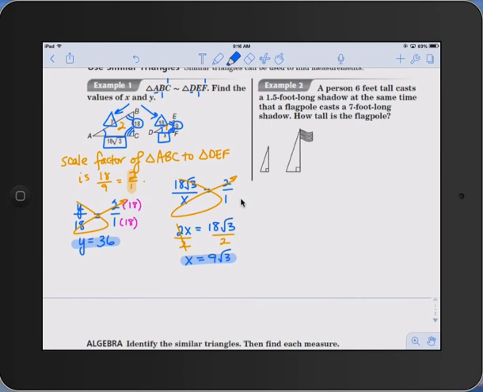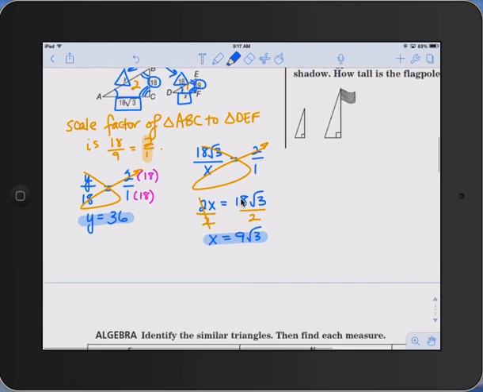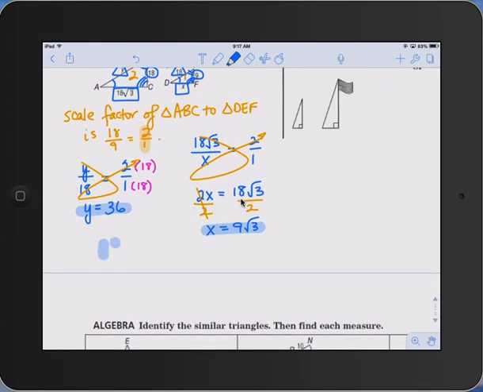Now, there's nothing magical about the order that I set those up in. You could have, for example, said 2 is to 1 as 18 root 3 is to x. Or you could have said 18 root 3 is to 2 as x is to 1. There's lots of different ways you can set up that proportion. All of them would be fine.